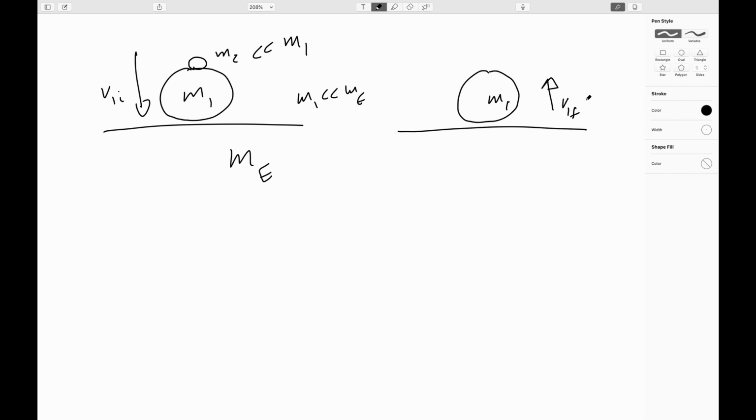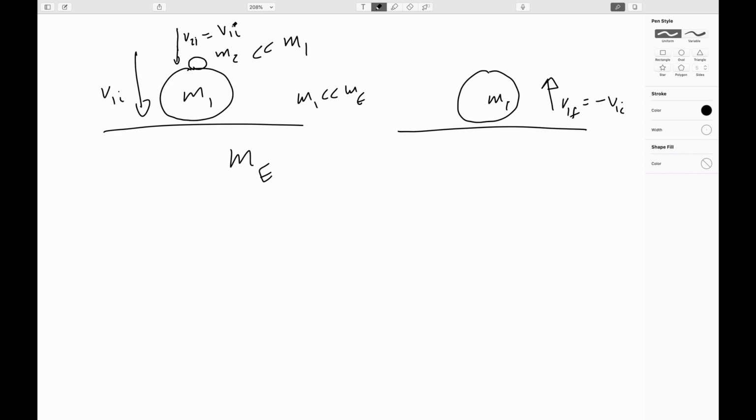The speed of the basketball after the collision will be minus V1 initial. So in other words, you're going up at the same speed you went down. But here's the deal. So is the super ball, right? V2 initial here equaled V1 initial. So the super ball was going down at V1 initial.